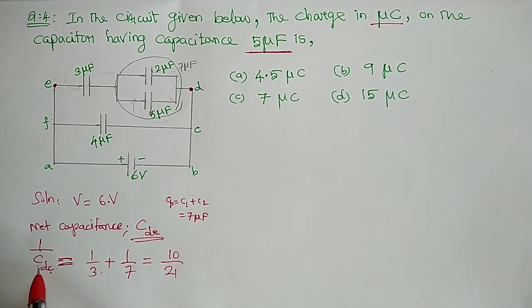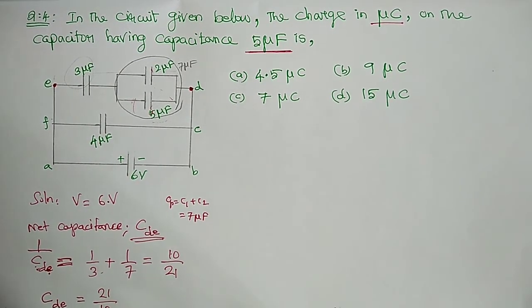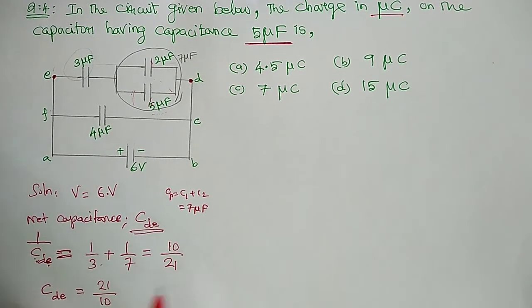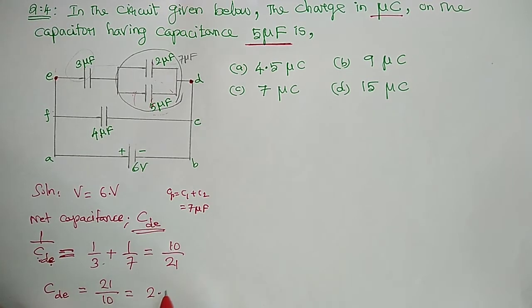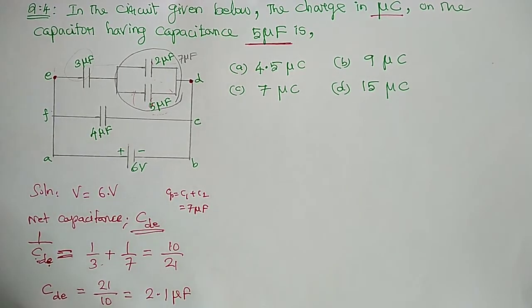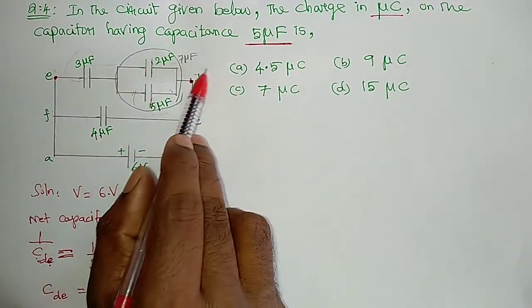So 1 by C DE is equal to 10 by 21. So the capacitance across DE is equal to 21 divided by 10, which becomes 2.1 microfarad. So this is the total capacitance across these two terminals DE.